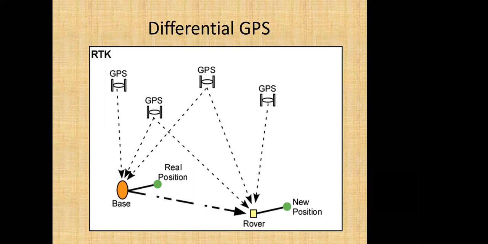Both will receive a signal, and the base will send corrections to the rover using a terrestrial link, and the rover will apply those corrections on the measurements received by the GPS, and compute a new position, which will be more accurate than the position computed using standalone GPS. Next.